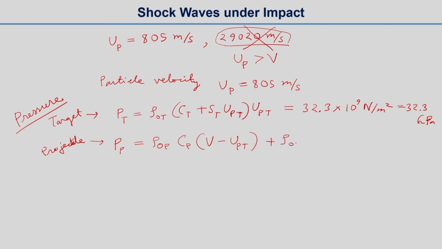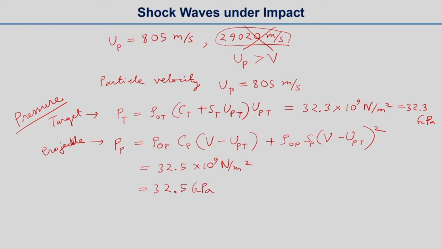If you remember our earlier derivation, this SP V minus UPT square, this is also T, not P. From this we will get the value as 32.5 multiplied by 10 to the power 9 Newton per meter square, that is 32.5 gigapascal.